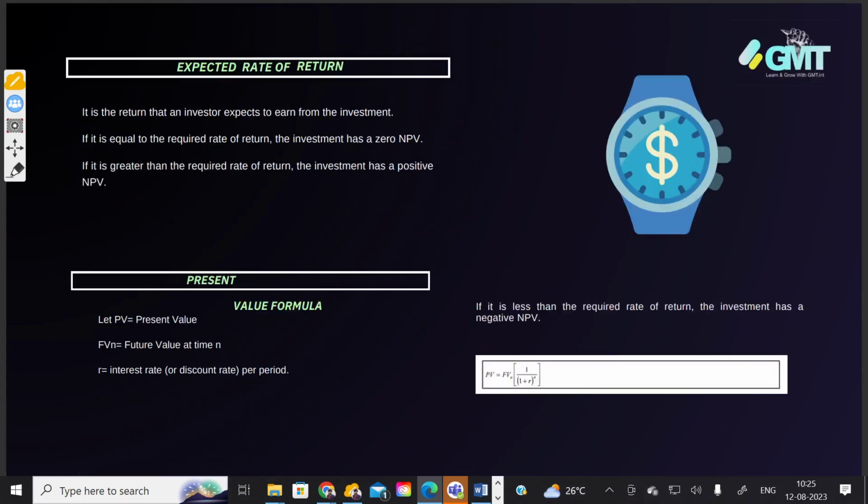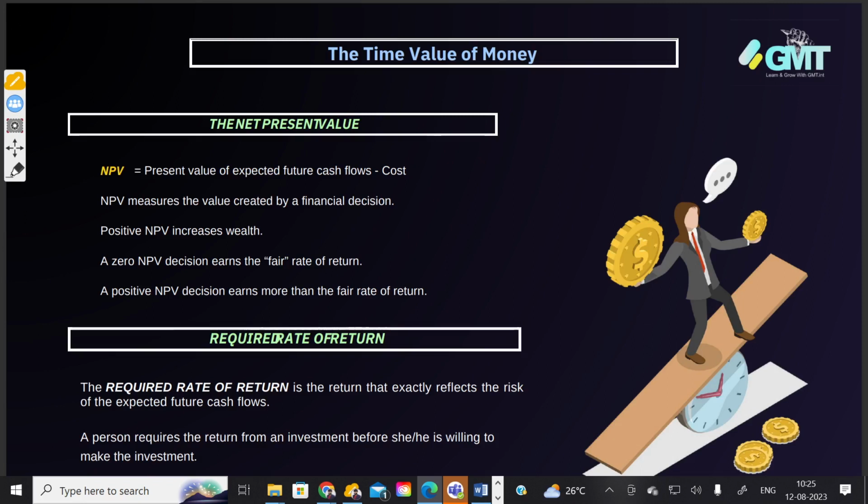Expected rate of return. Maybe let's complete this one as well. So, time value of money. This one is a very interesting aspect, guys.